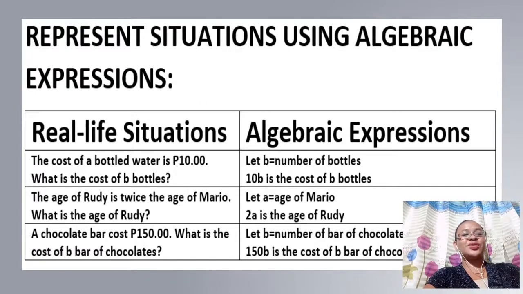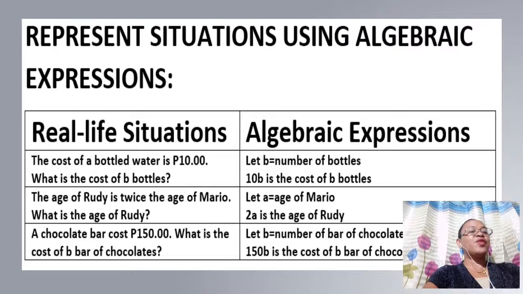Okay, the last one, a chocolate bar costs 150 pesos. What is the cost of B bars of chocolates? So we have the variable B that represents the number of bars of chocolates. And so, what will be the payment for B bars of chocolate? Each bar of chocolate is 150 pesos.